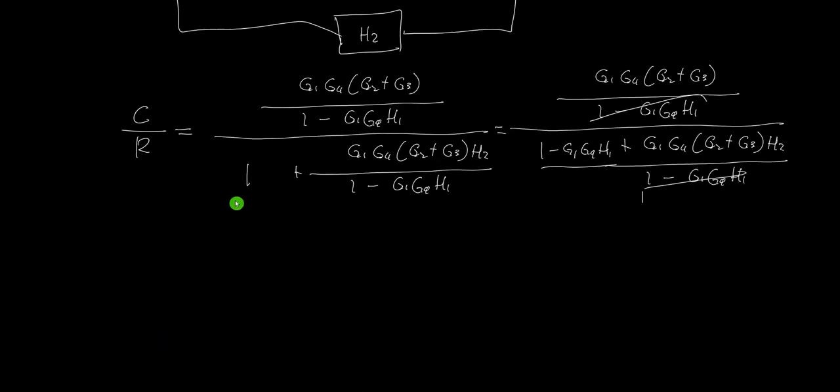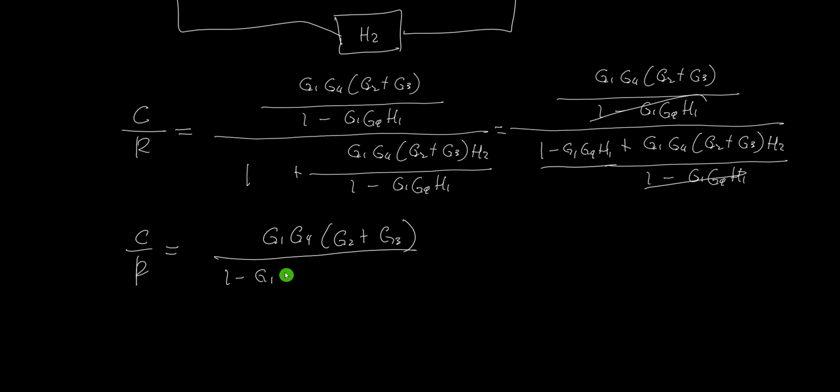And our transfer function now, C over R, will be just equal to G1, G4, G2 plus G3, all over 1 minus G1, G4, H1, then we have plus G1, G4, H2 times G2 plus G3.